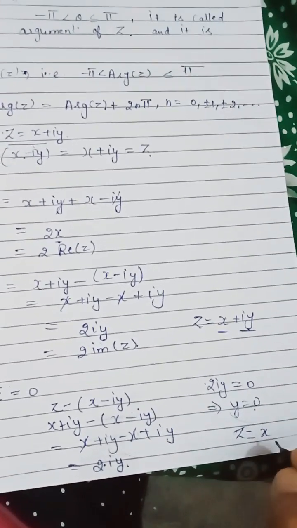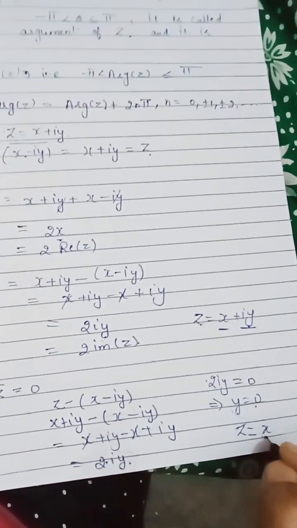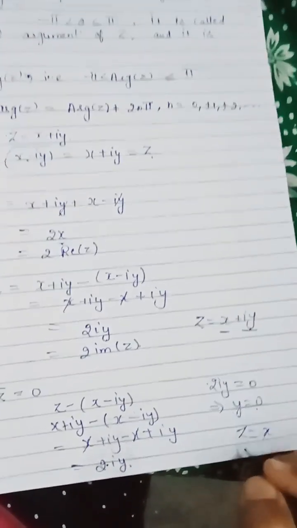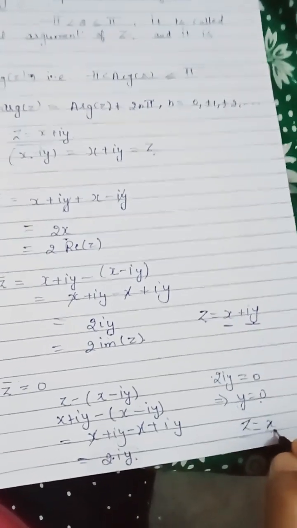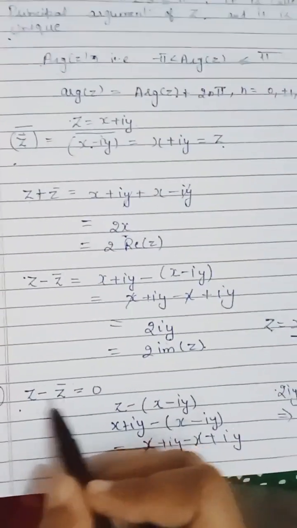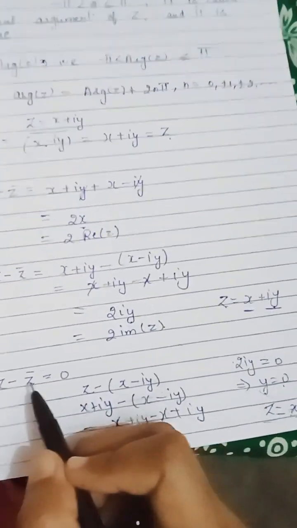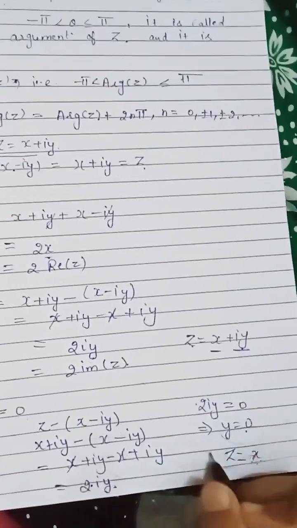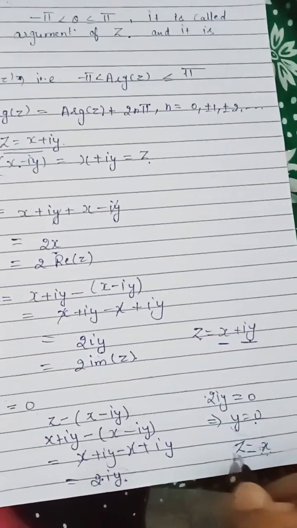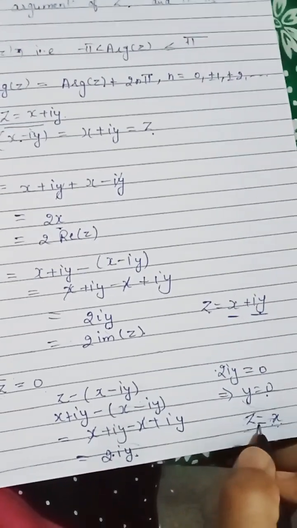That means only the pure real part is here. So it is purely real if and only if z minus z conjugate is equal to 0, then it gives only a purely real number.